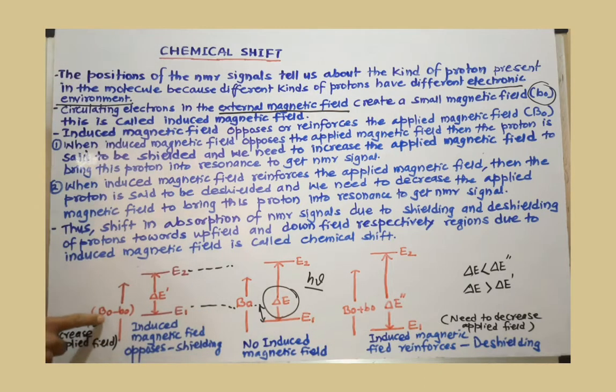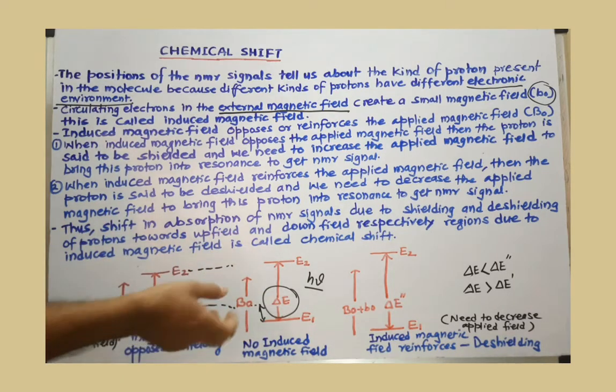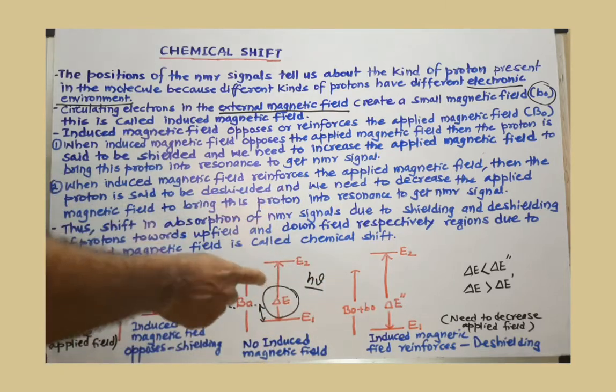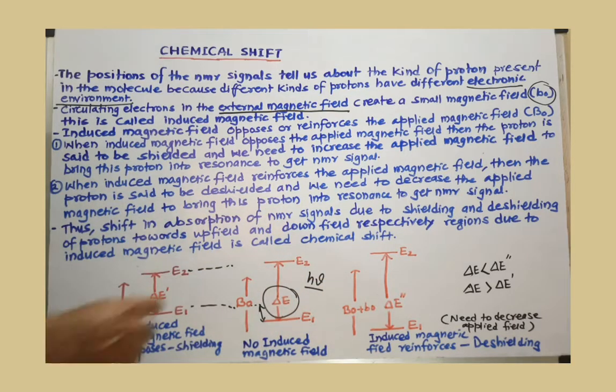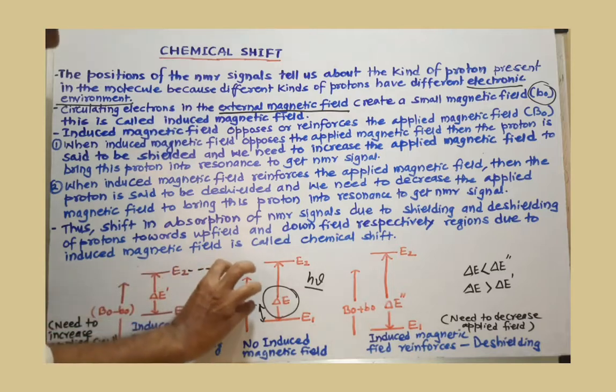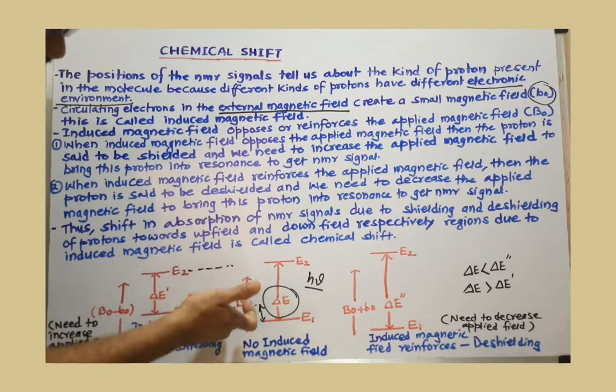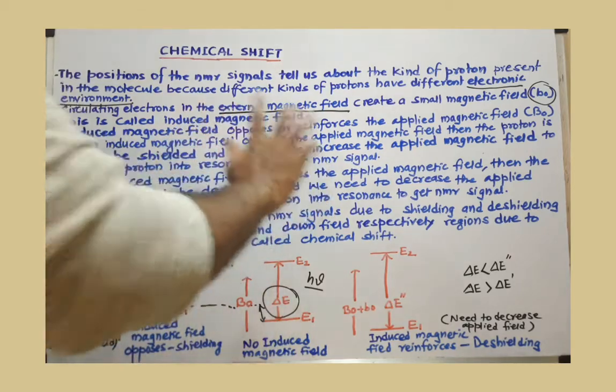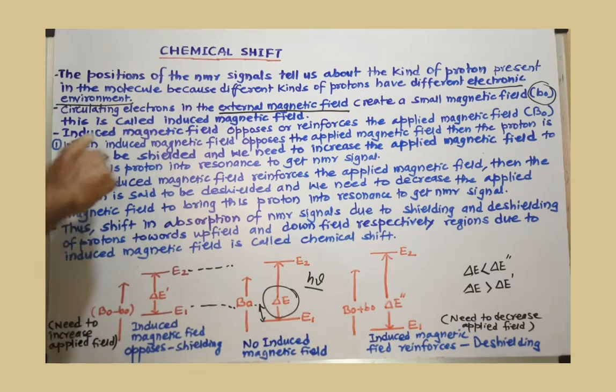We need to increase the value of B0, because our instrument is working on the principle that we can change the magnetic field, we cannot change the value of h nu. We cannot change the radiation or the energy of the radiation. So we need to increase the magnetic field when the proton is shielded. I hope you understood this first point.